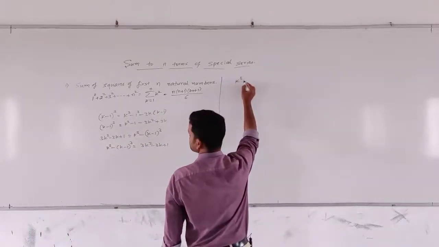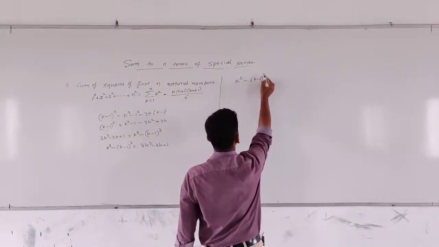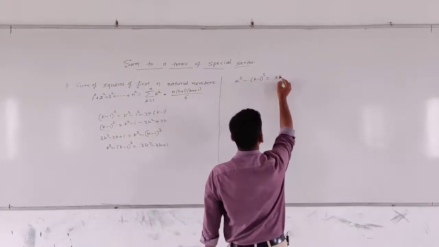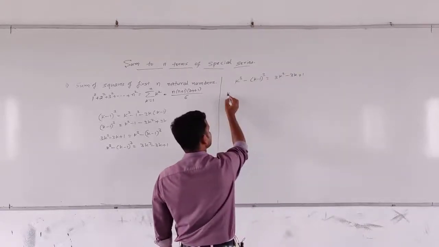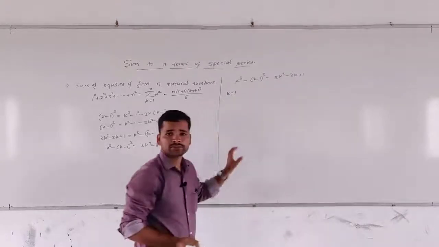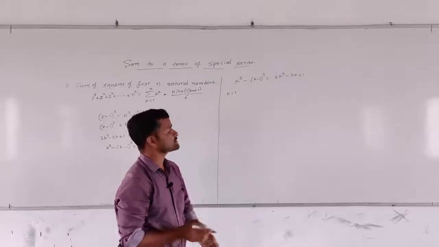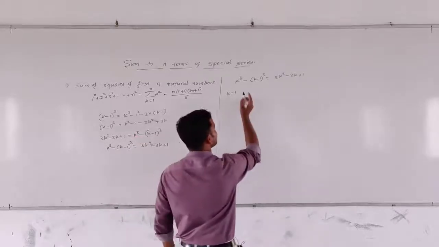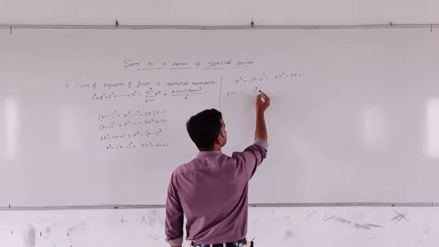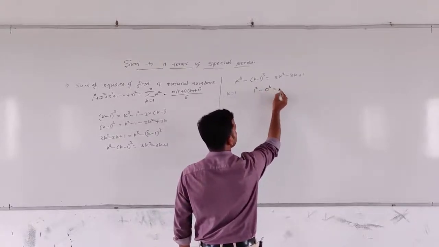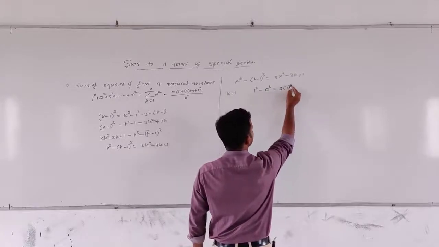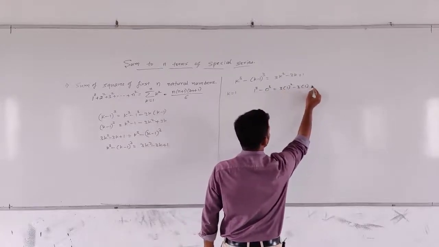k cube minus of k minus 1 whole cube is equal to 3k square minus 3k plus 1. Here you substitute k equal to all the natural numbers. K equal to 1, I will substitute first. This becomes 1 cube minus of 1 minus 1, 0 cube, which is equal to 3 into 1 square minus 3 into 1 plus 1.